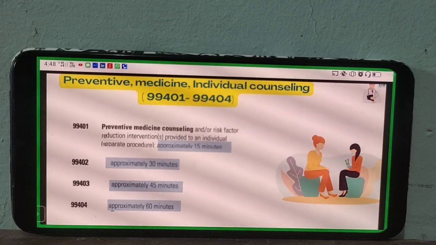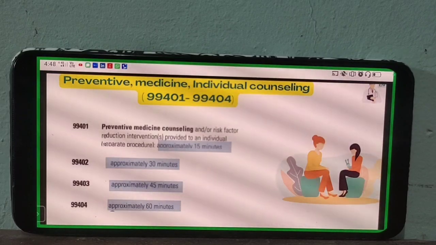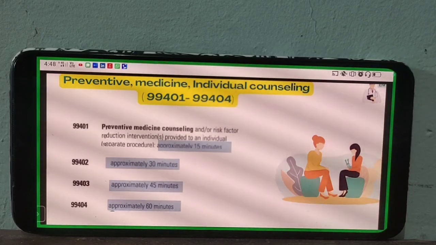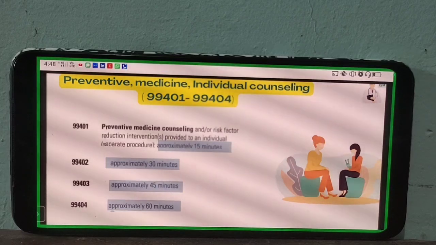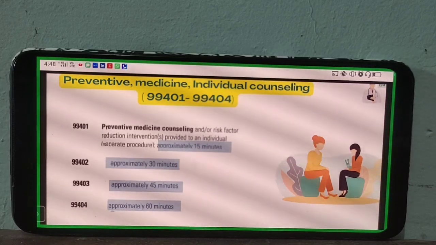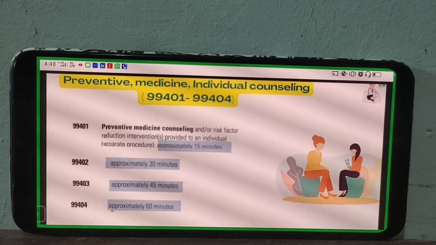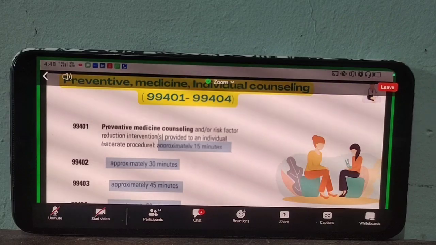Everything should be explained and discussed during that counseling. So don't worry, the doctors directly give the name of the counseling. The name of the counseling is preventive medicine, so that is the reason for that counseling. The name of the counseling is directly documented by providers, don't worry.